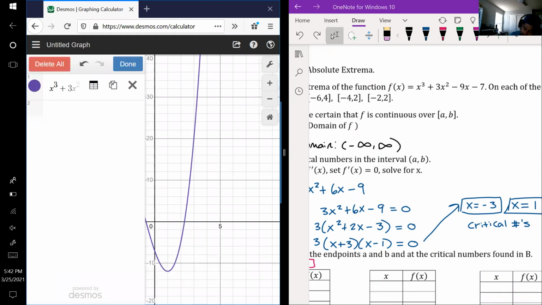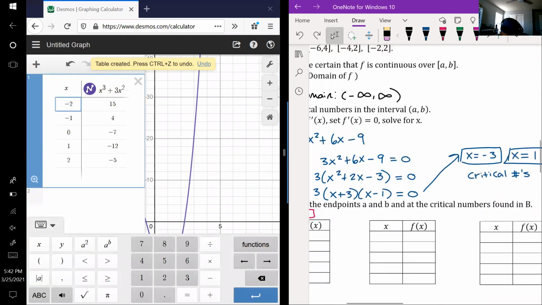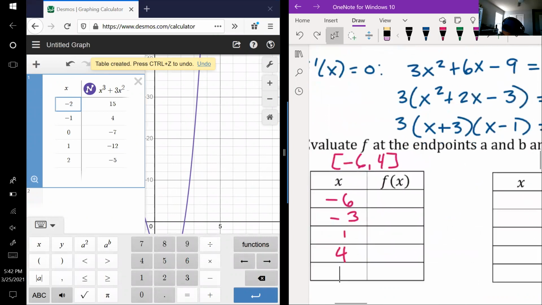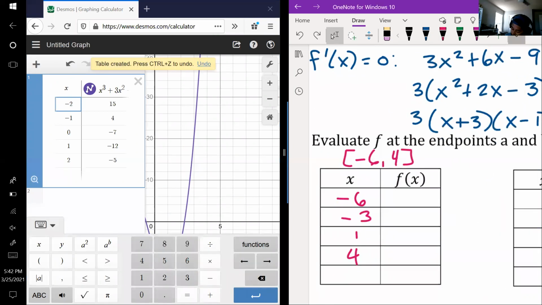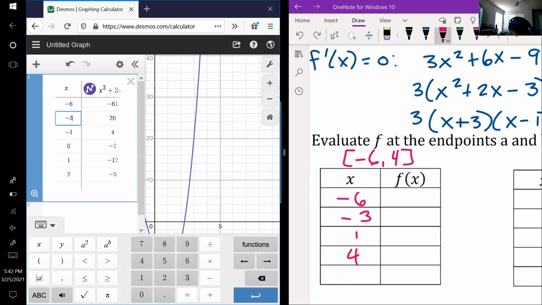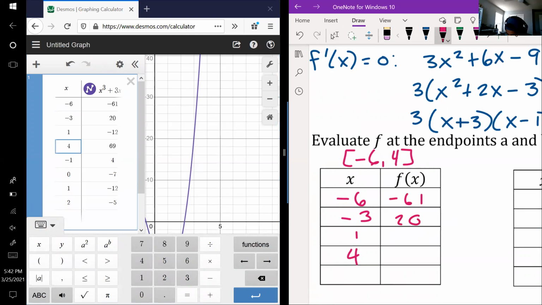Do my table, and let's plug these numbers in. We have -6, -3, 1, and 4. All right, so I get -61, 20, -12, and 69.